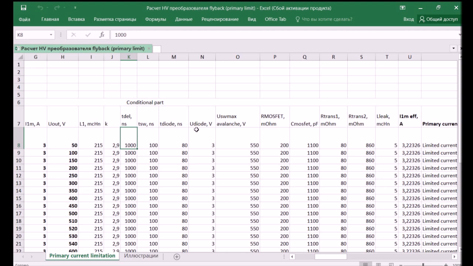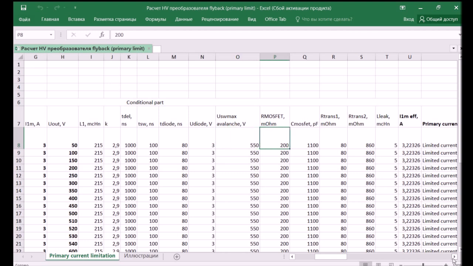Okay, then we have dynamic parameters. Switch time, switching time of the MOSFET, of the diode. Then forward voltage of the diode. Maximum avalanche voltage of the switch. It's 5.5 volts now.